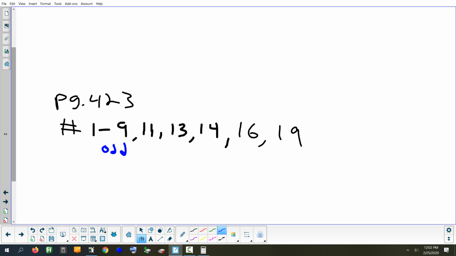Tomorrow I'll give you some of those evens. 11 is okay. 13, I'm going to add that to tomorrow's homework. 14, we're going to do that tomorrow night. 16, we'll do that one tomorrow night. 19 will be tomorrow night.